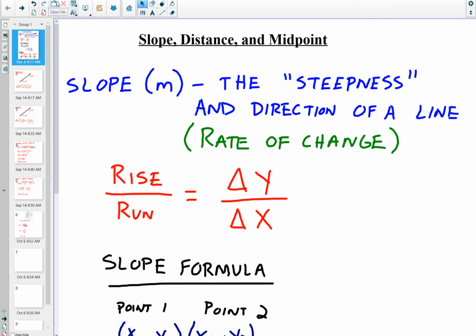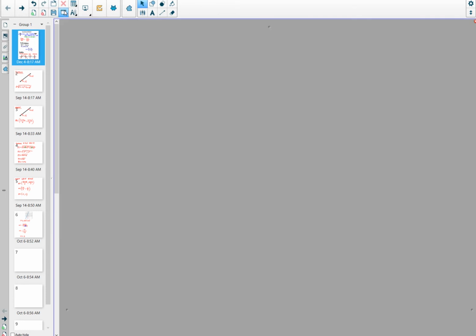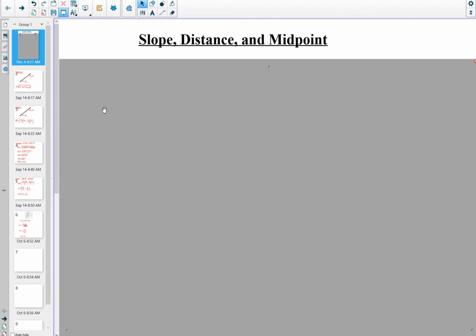Slope, yeah, should have slope. The first one is the one I would assume you've definitely heard of. That might not necessarily be a good thing. I mean, you might like it, but you've heard of it.